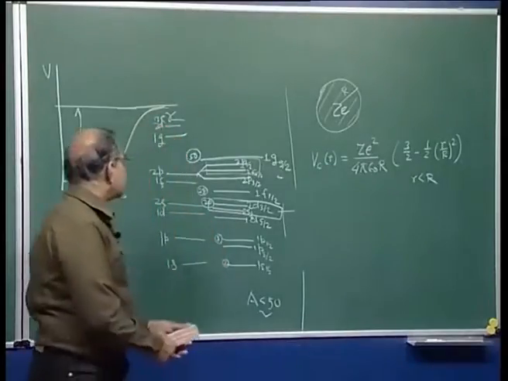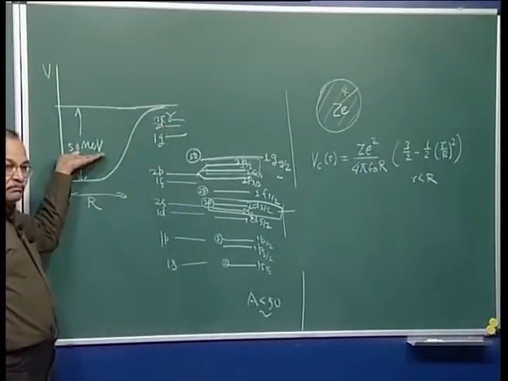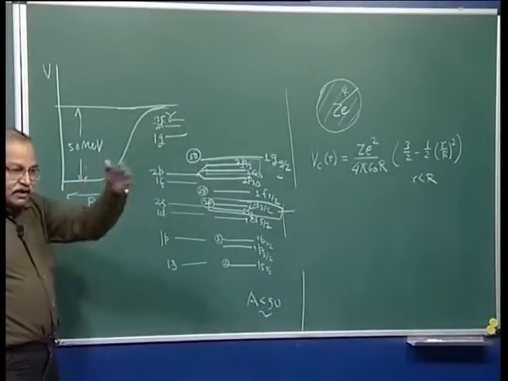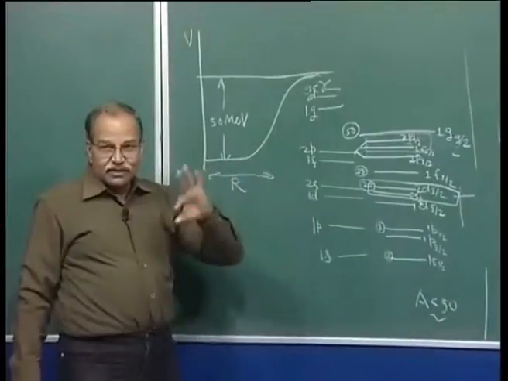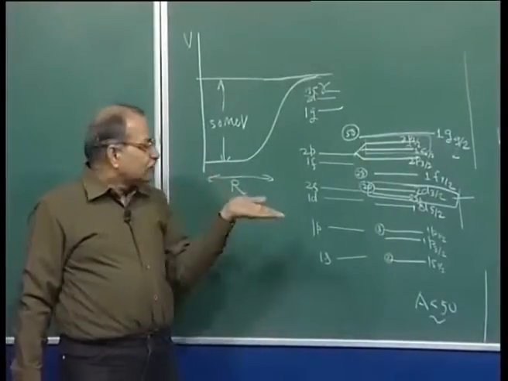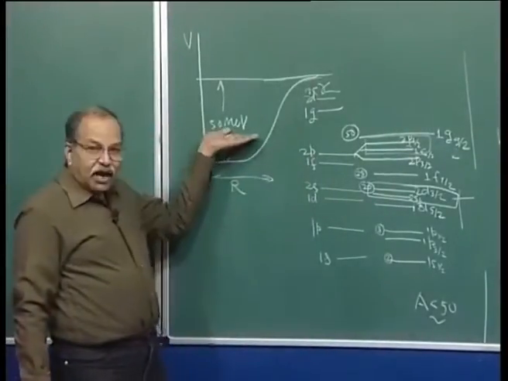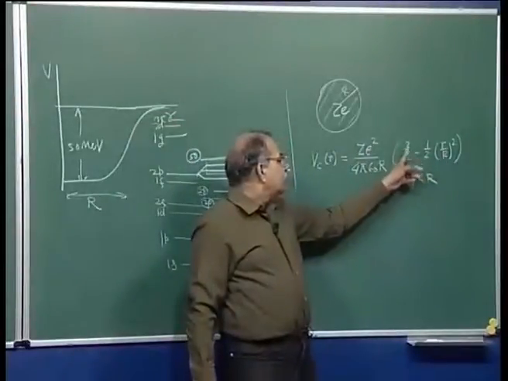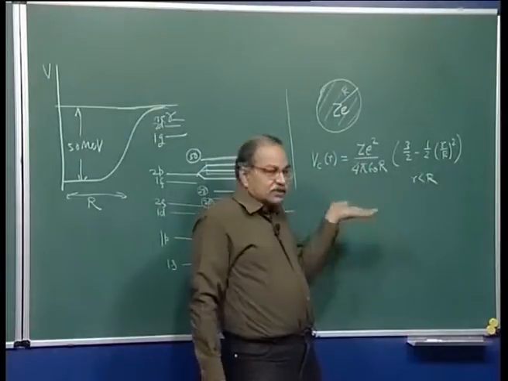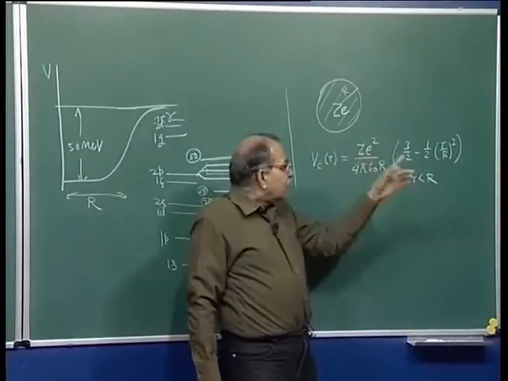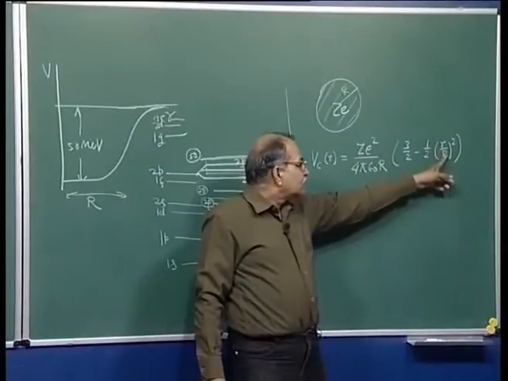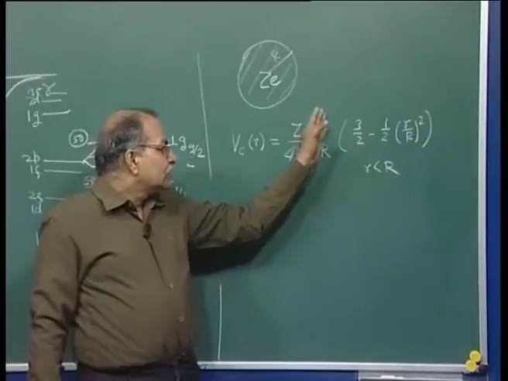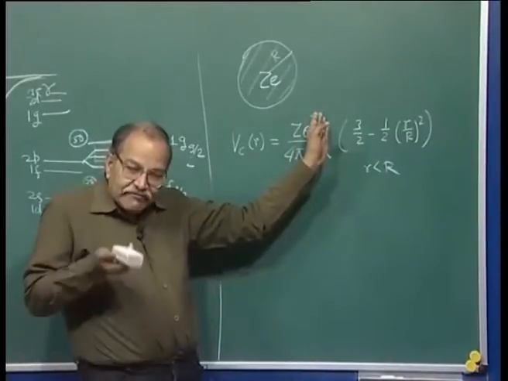So, your potential, first thing, is lifted up, it is positive, right, because the proton and the rest of the nucleus are both positive charge. So, at r equal to 0, it is 3 by 2 times of this, so this much is added. At r equal to capital R, this is 3 by 2 minus half, which is 1, so this into 1 is lifted.